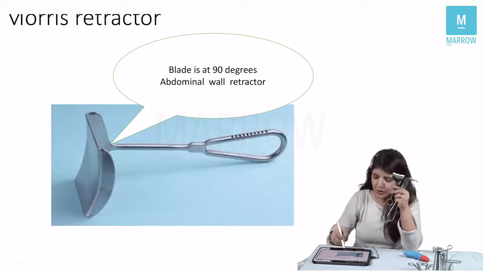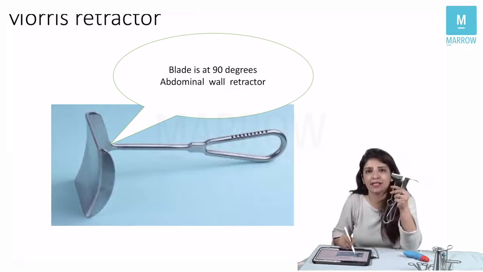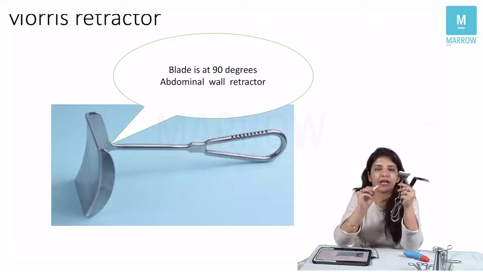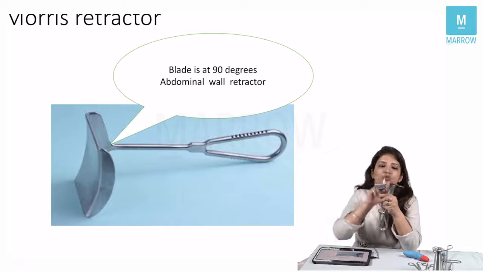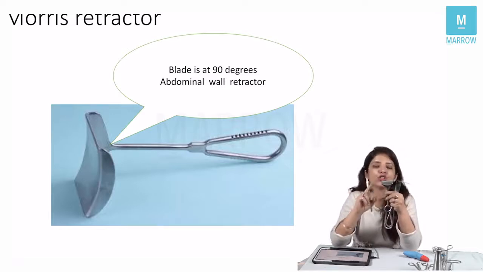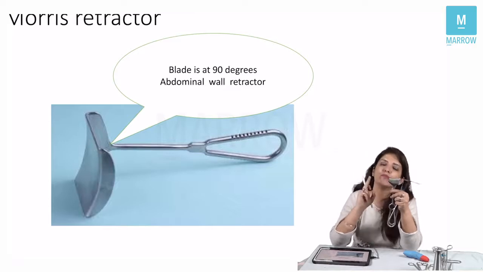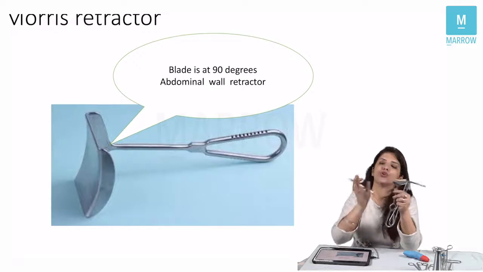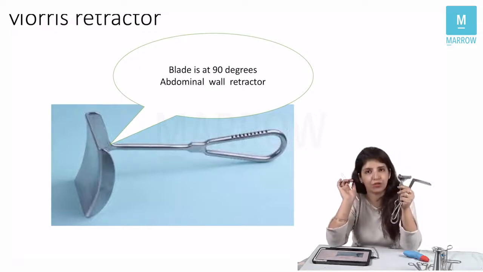Now, in Morris, again the blade is at 90 degrees to the handle, and it is broad, right? And it is flat. So, if you are getting a blade which is at 90 degrees to the handle, but it is broad and flat, then that is not Doyen's, that is Morris retractor. Curved broad blade is Doyen's retractor, right?